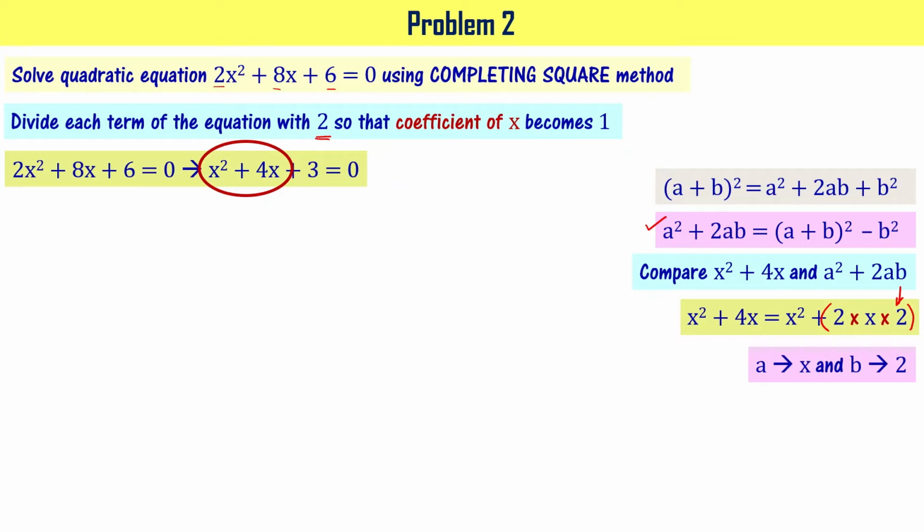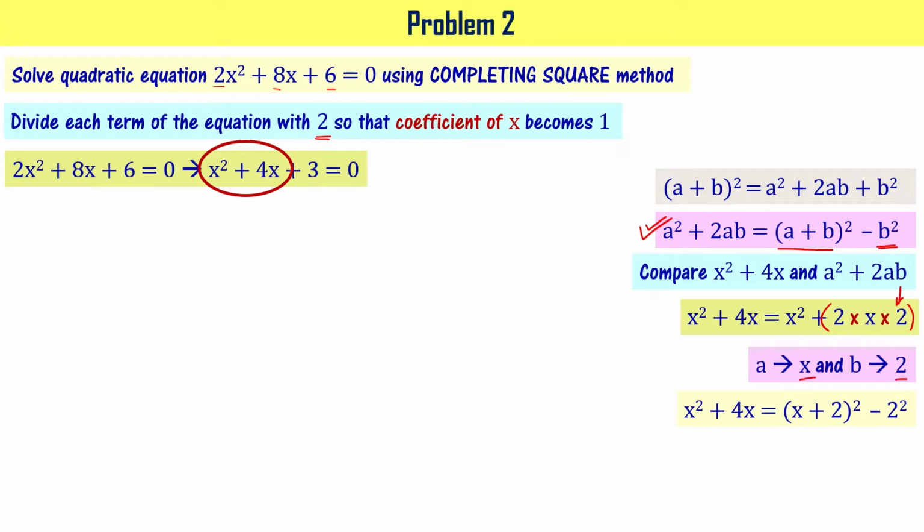Now let's write x² + 4x in this particular a² + 2ab form. It means x² + 4x = (x + 2)² − 2², because we wanted to write it as (a + b)² − b², where a is x and b equals 2.